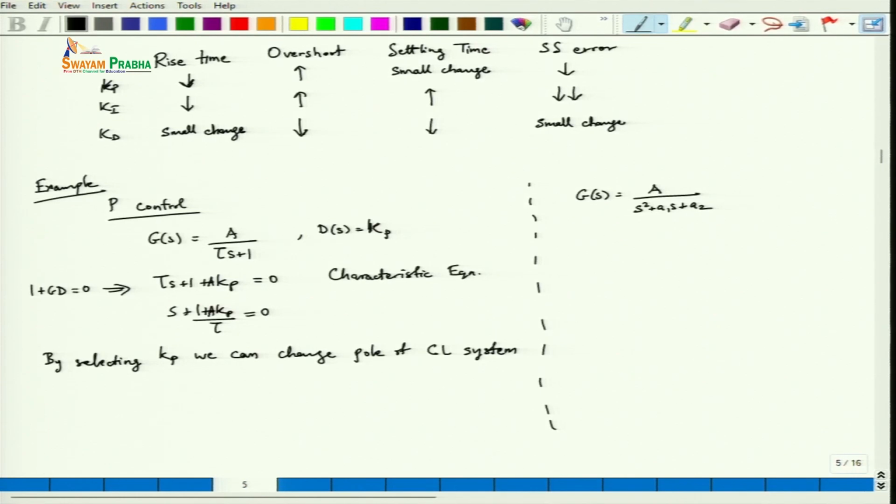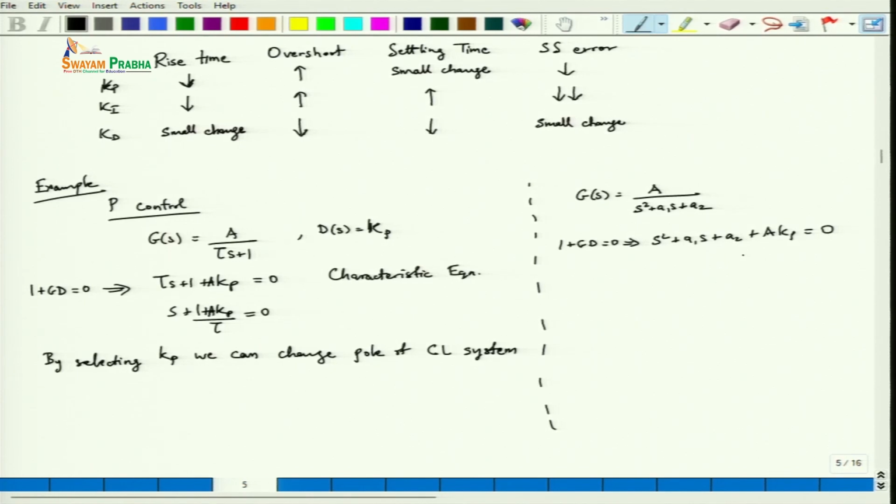Now if we apply 1 plus GD is equal to 0, what we will get is S square plus A1 S plus A2 plus capital A times Kp is equal to 0. Based on this, in this case we have two poles of this system.